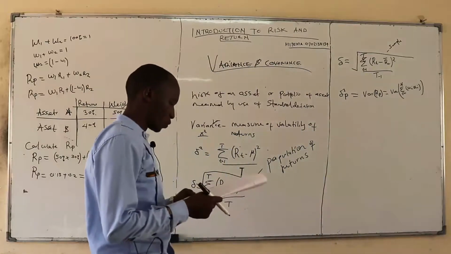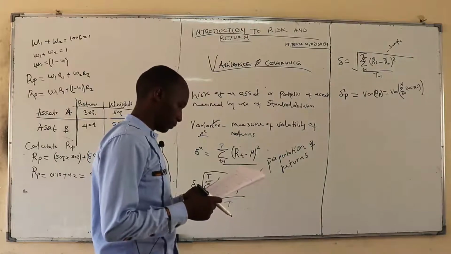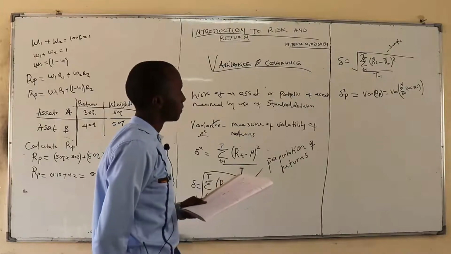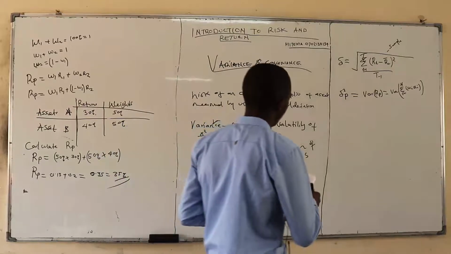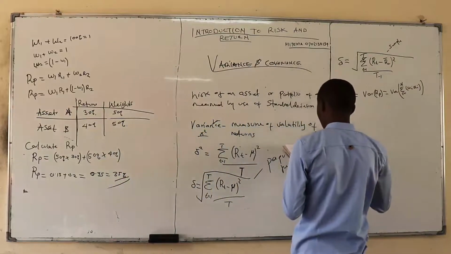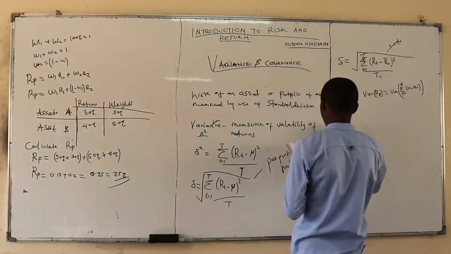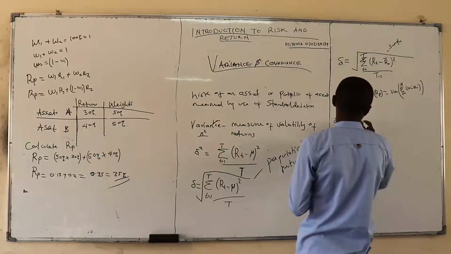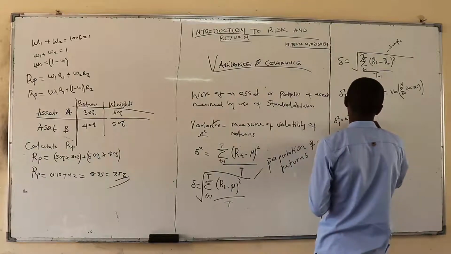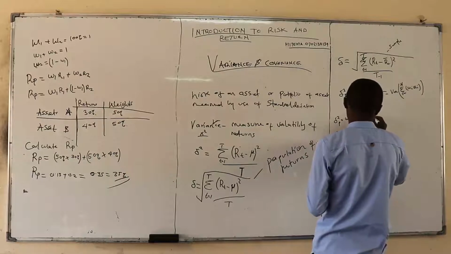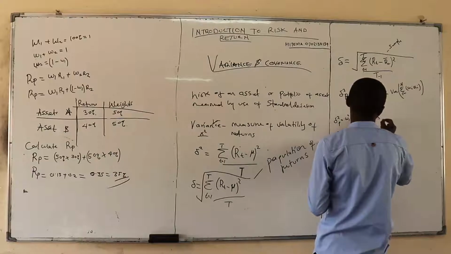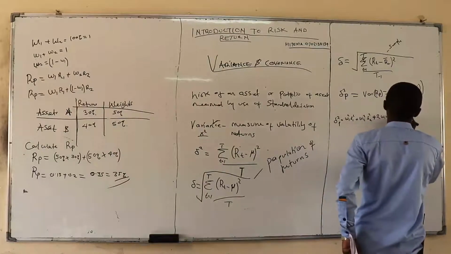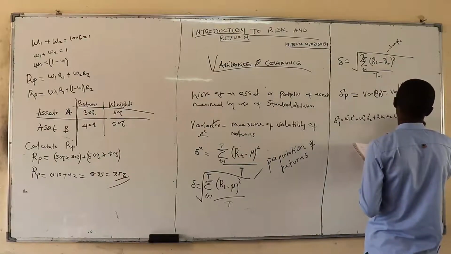So a formula that is used to calculate the risk or the standard deviation, the covariance of a portfolio return, can be written like this. Sigma squared is equal to W1 squared A1 squared, plus W2, the weight of the second asset, squared, then you add 2 W1 W2 times the covariance of return 1 and return 2.